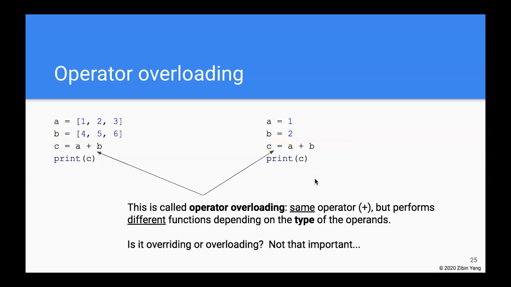So putting the two things together, we can see that these two syntaxes use exactly the same operator, which is the plus sign, but they do different things depending on the type of the two operands. That's why this is called operator overloading: again, same operator, but it's overloaded to do different things depending on the type.